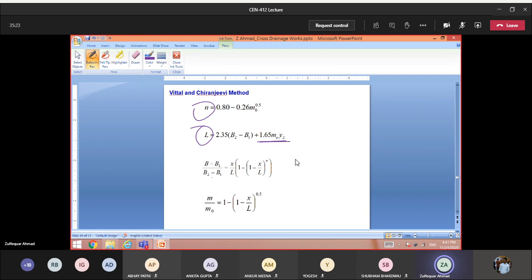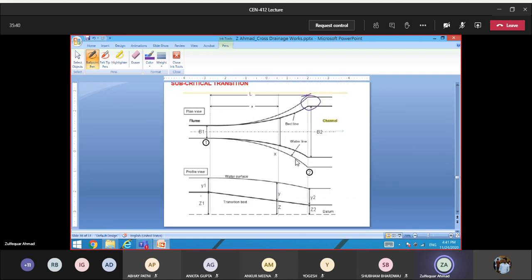And for any distance you can get the value of the B, I mean what is the bed width, and at any distance you can get the value of the side slope, that is m. So in this transition, here is B1, here is B2, and this one is any distance x, okay? And you can compute the value of the B here.